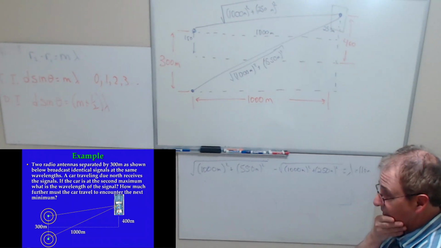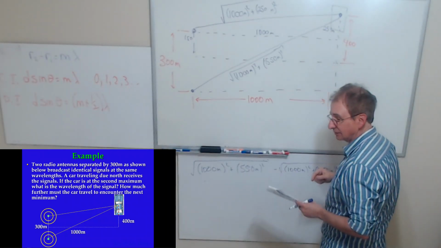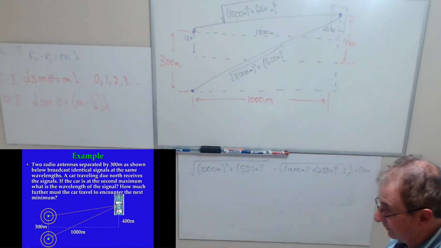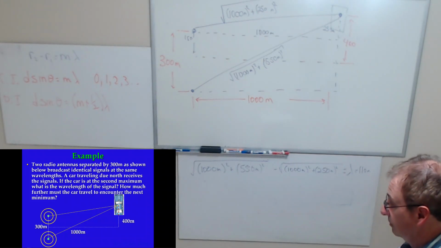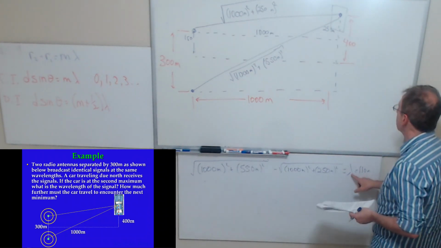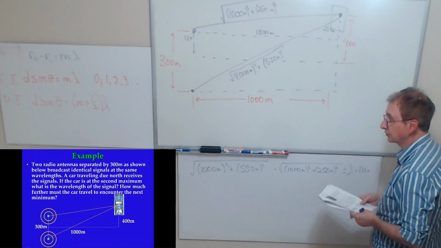Now, the next question is, how much further must this person travel to encounter the next minimum? You get a maximum here at lambda. The next minimum is going to be at 3 lambda over 2.